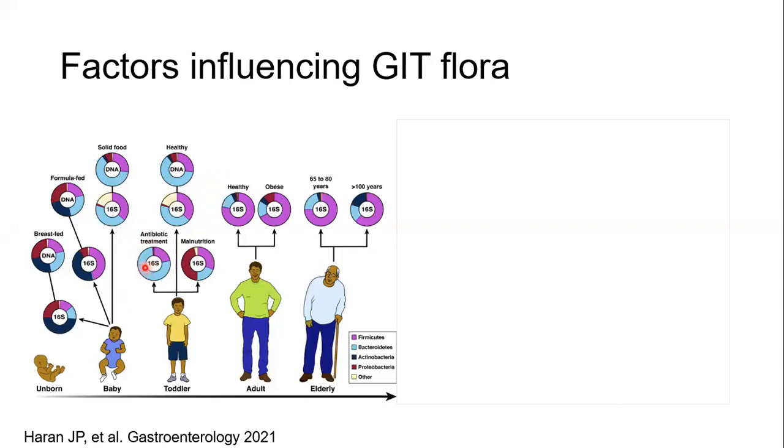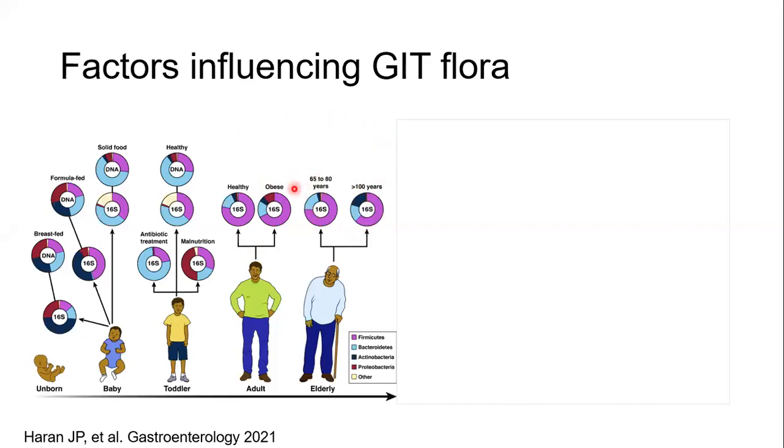But in addition to that, depending also on the nutritional status of the individual, that will also cause quite a big difference. Whether one is healthy or one is obese also makes a big difference in terms of the components of the gut flora or the microbiota, as it is now more commonly known, depending on the technique you use.